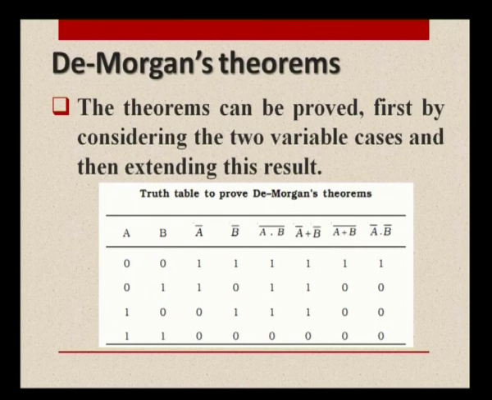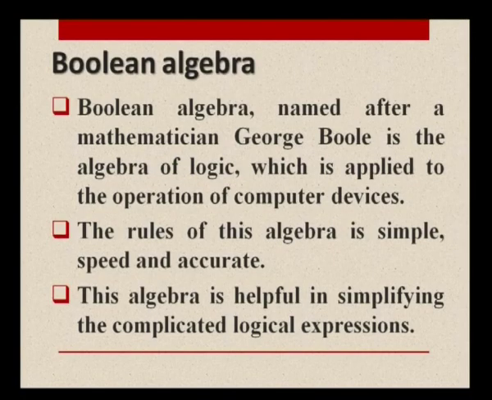Now, it is time for us to have a look at the other logical expressions and the standard results, or what we call logical identities. So, let us familiarize ourselves with some of these identities. Boolean algebra, named after the mathematician George Boole, is the algebra of logic, which is applied to the operations of computer devices.